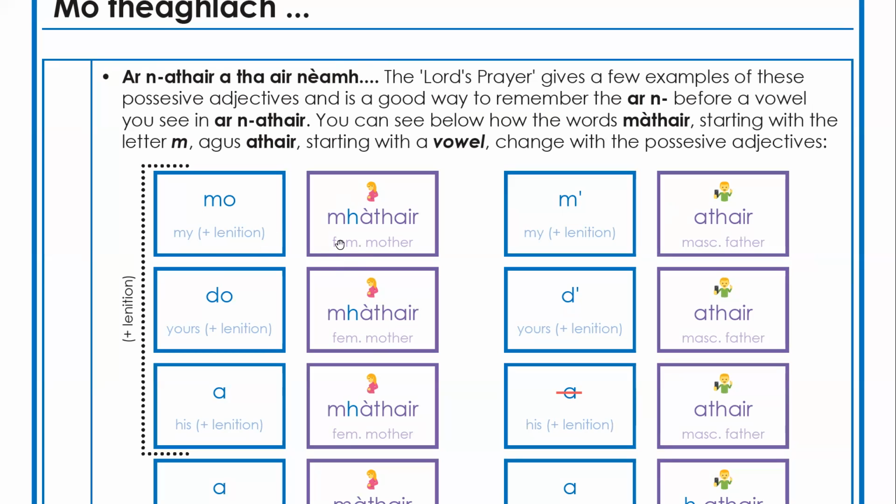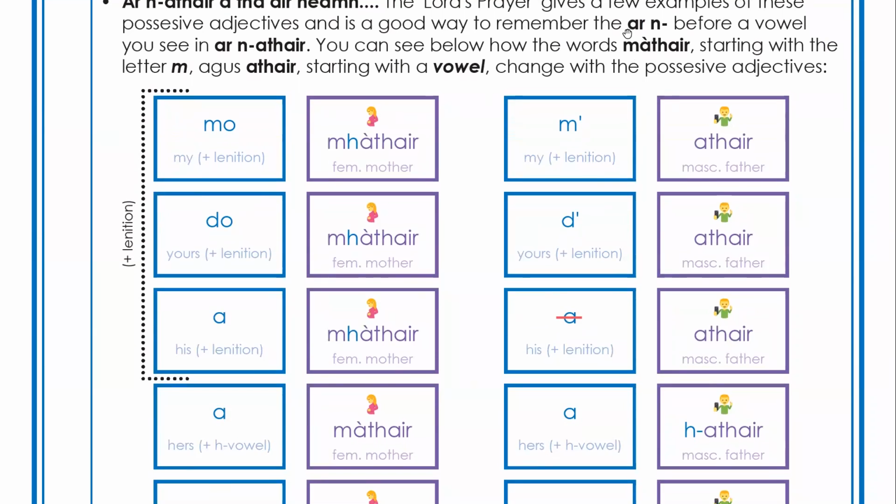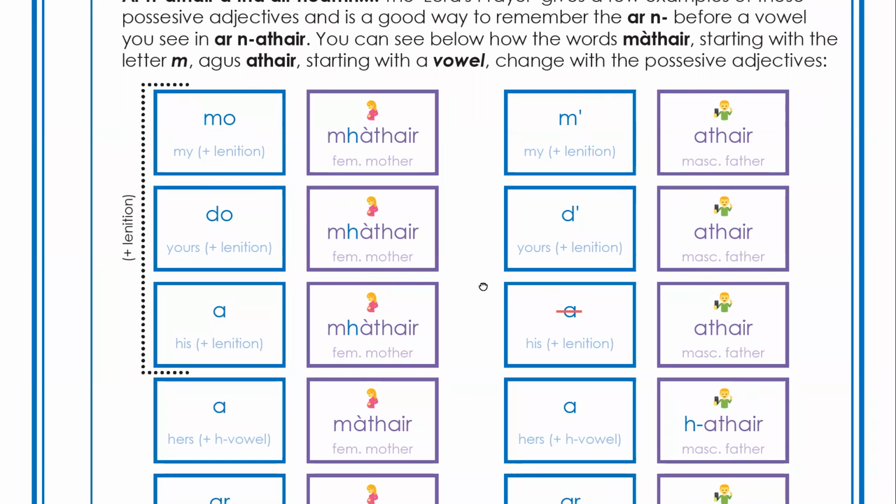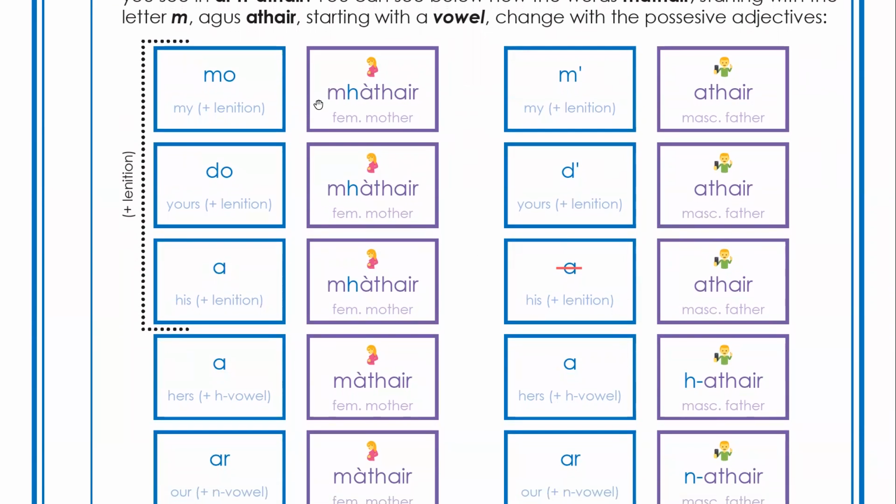And we'll look at examples here with mother and father. So mother starts with an M, which can lenite, and it's also one of the BFMP labial sounds, which means that their mother will go from an to am. So the first three cause lenition.